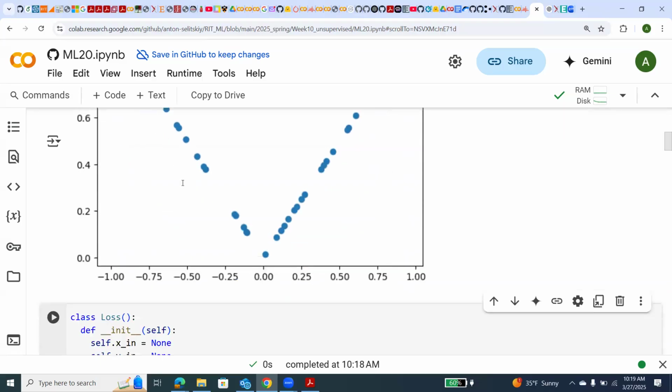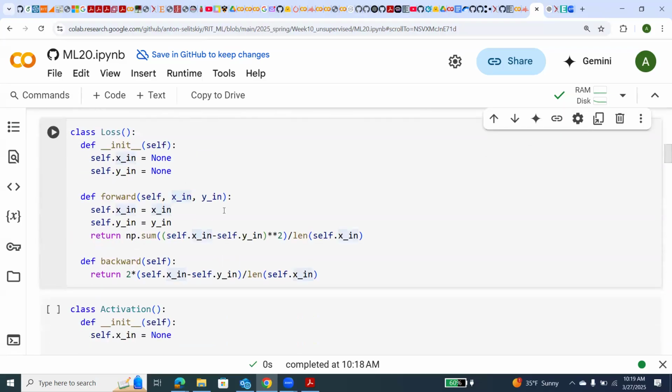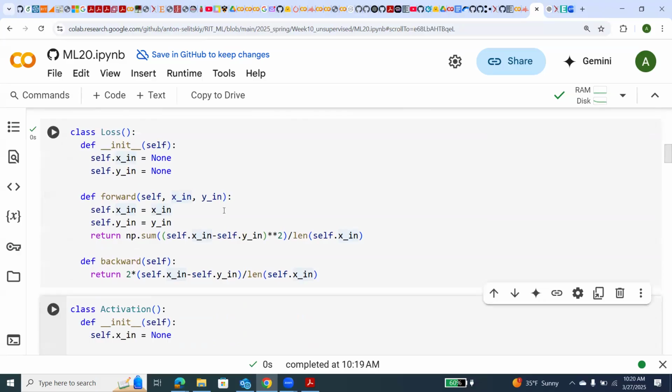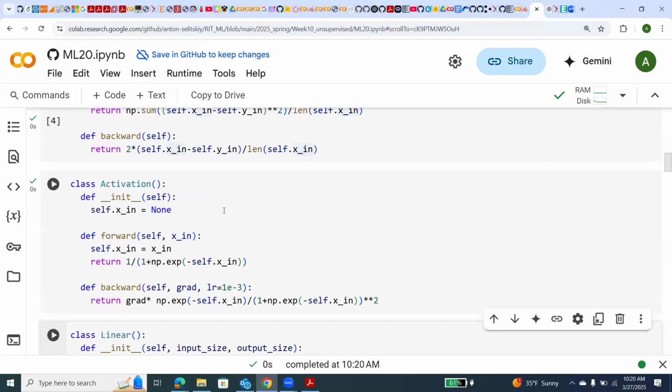Okay. So these are the functions from the slides: loss, activation, and linear.